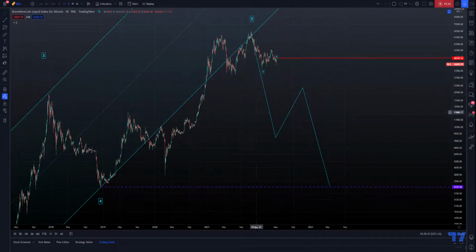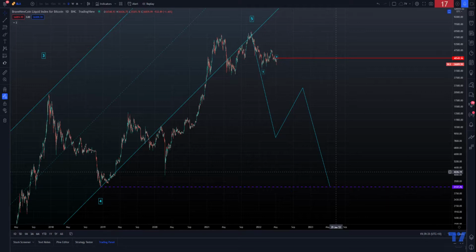Usually, you get a bit of symmetry with these kind of moves. Potentially, head and shoulder type patterns. But once again, that doesn't mean there's going to be further downside. We just don't know as yet. So we just have to keep an eye on this.